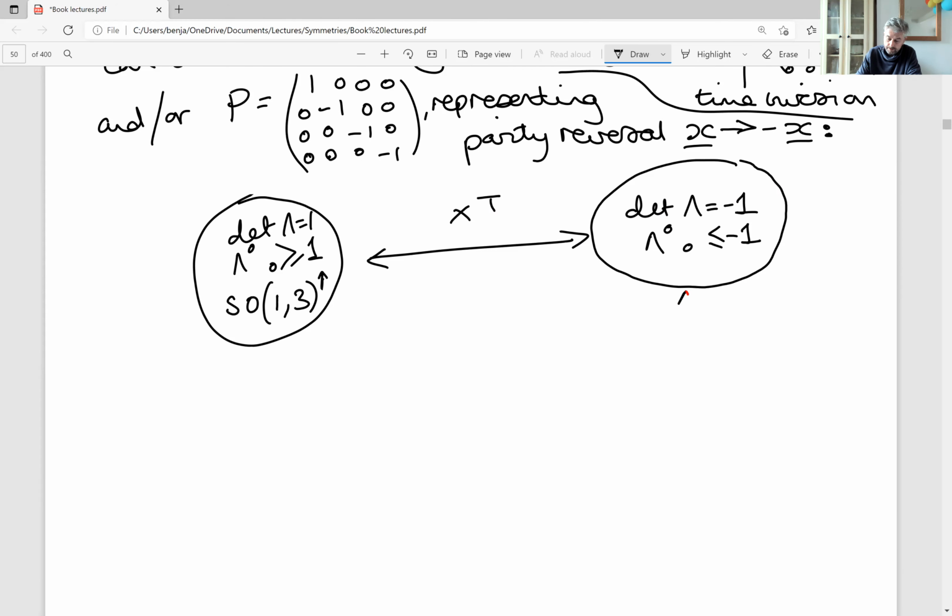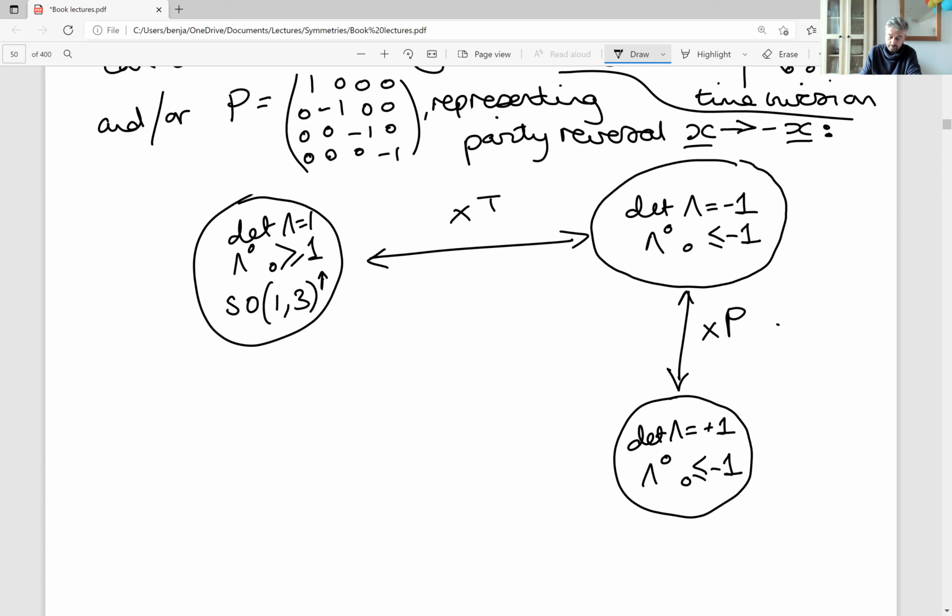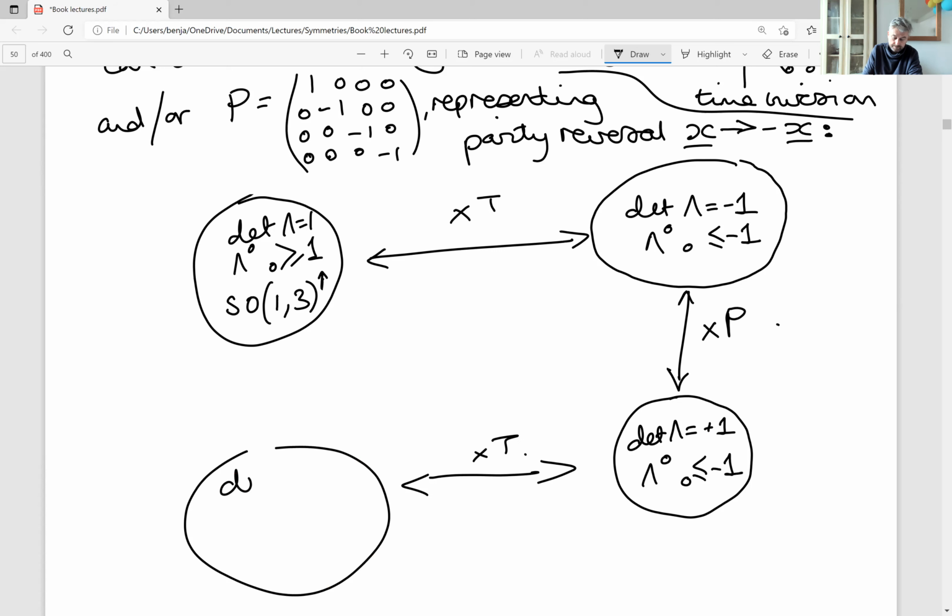If we now multiply by parity, we get to det lambda is now +1 and lambda 0,0 is still negative, less than or equal to -1. And there's one more piece where we get to det lambda is -1 and lambda 0,0 bigger than or equal to 1.